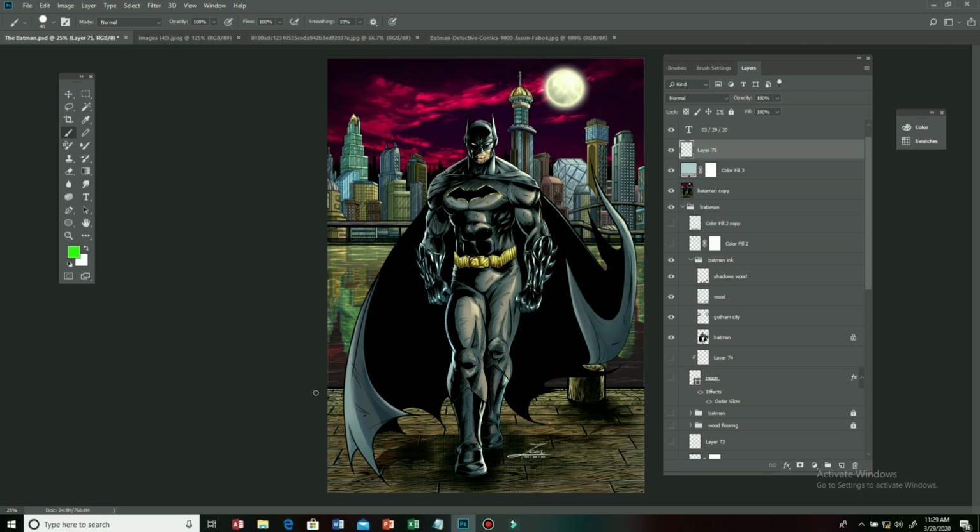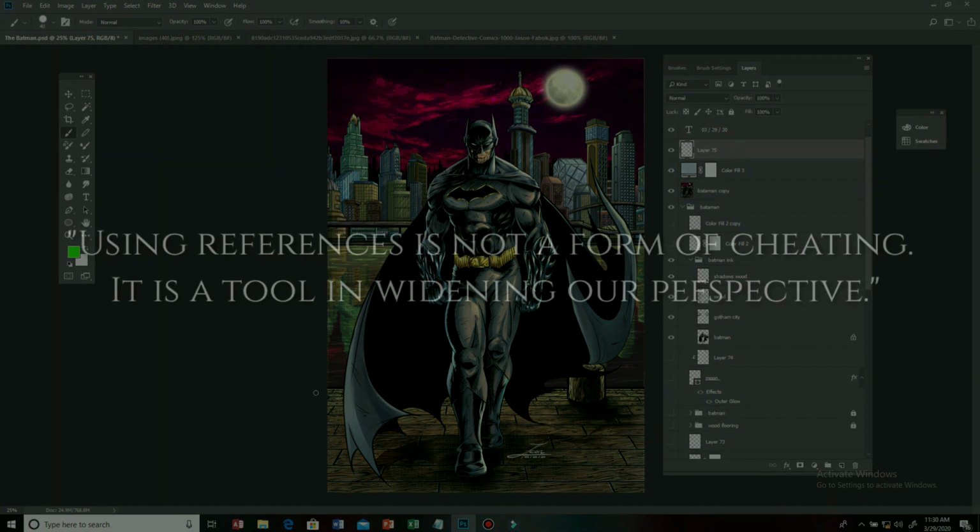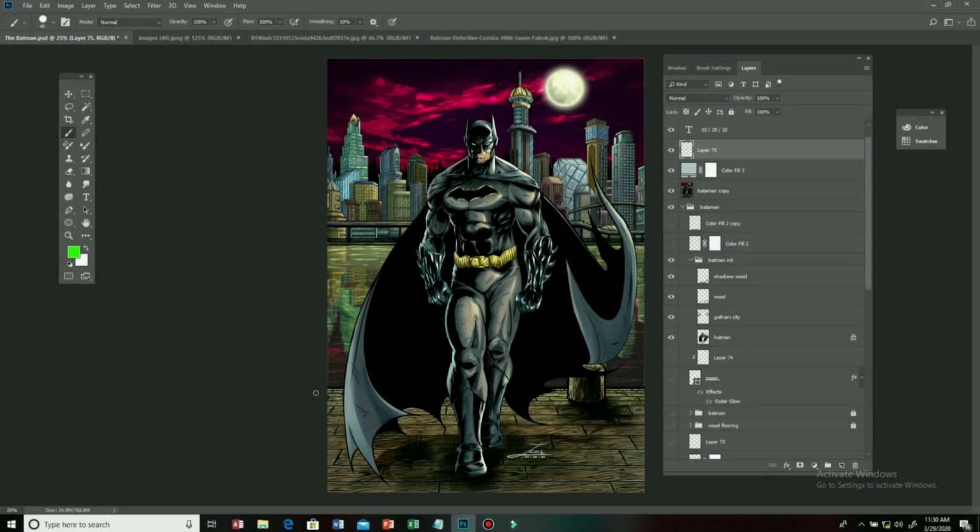Since we beginners are not so knowledgeable when it comes to anatomy, mostly of the human body, it is best to look for references, things that can help us and widen our perspective into the human body and the piece that we are making. It is not cheating to look for the things that can help you. You are not copying references, you are learning from them.